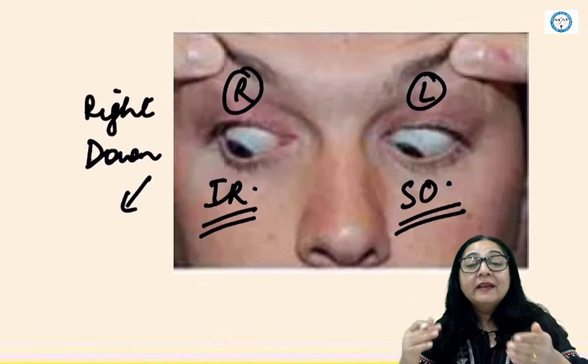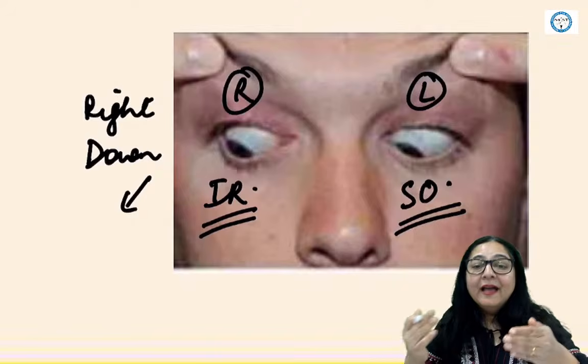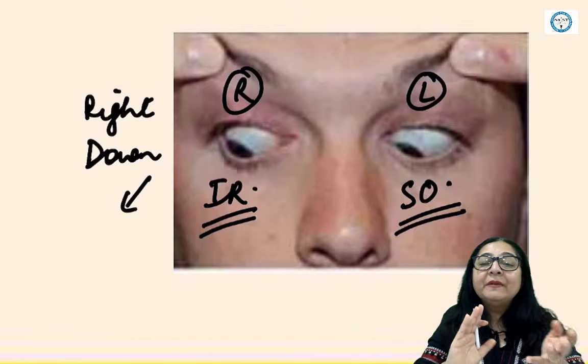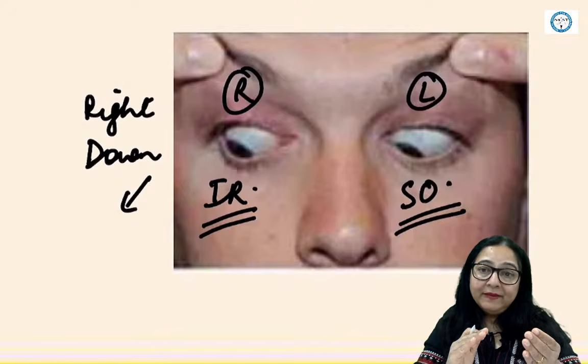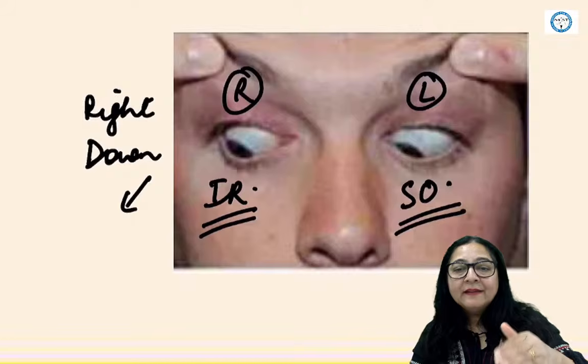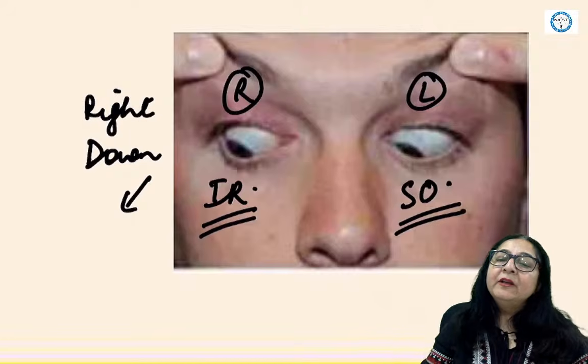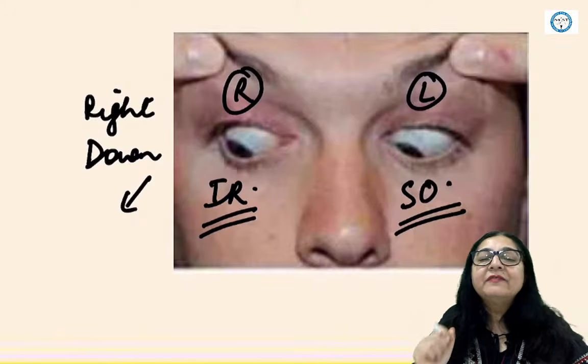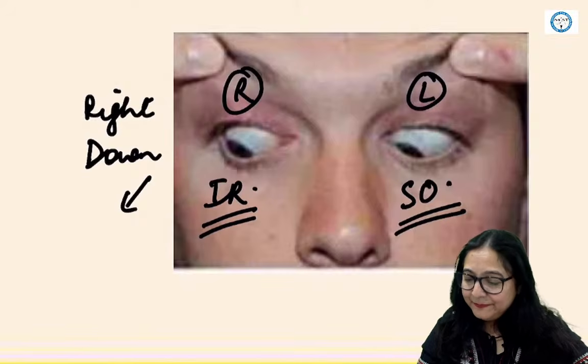Here I am not asking the yoke muscle, I am asking the muscle only in one eye, but the question is to be attempted in the same way we do the yoke muscle. So if it is dextrodepression, right eye inferior rectus and left eye superior oblique will be the muscles acting in the right and left eyes respectively.